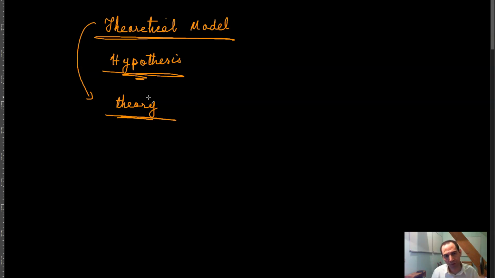The problem is that it's logically not possible to do every possible experiment to prove that a theoretical model is wrong. I repeat this sentence: you cannot do every possible experiment to prove that the theoretical model is wrong, right?